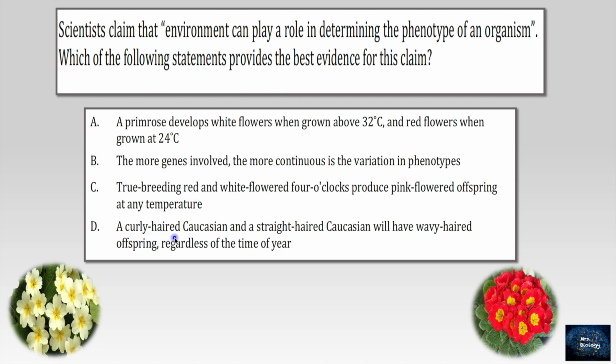D. A curly-haired Caucasian and a straight-haired Caucasian will have wavy-haired offspring regardless of the time of year. Even here, they did not mention the environmental factor. So we will choose choice A, because A includes the temperature, which is an environmental factor. So this is the right answer.